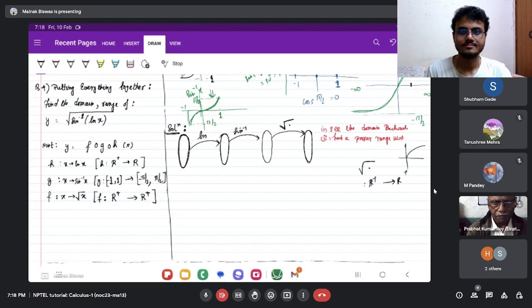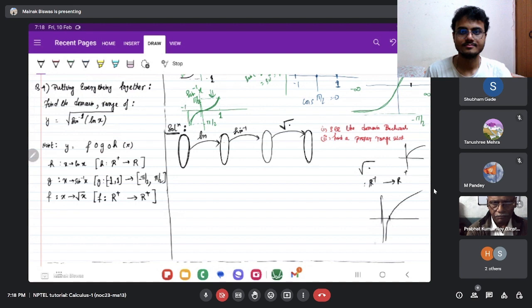So x can be anything. What should be the value of x that this function can take for this function to be valid? So the square root, sine inverse and all these things you will have to use. I'll tell you, remember, I think you know the function log x. The log x looks like something like this.